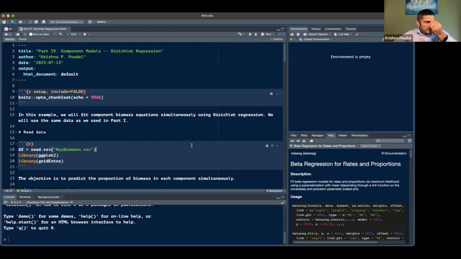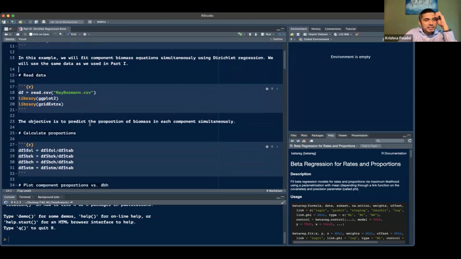In the second, we used SUR and fitted component biomass simultaneously. In the third, we fitted proportion, but independently. And in the fourth, we'll be fitting the proportion equation, but simultaneously, together.